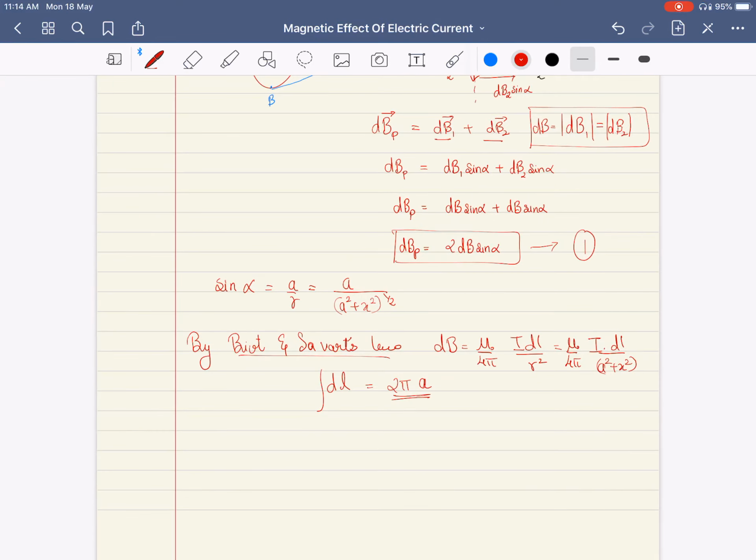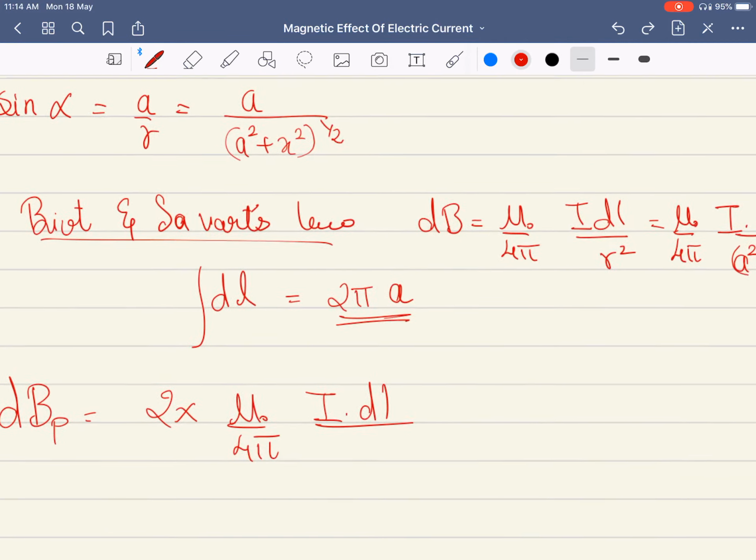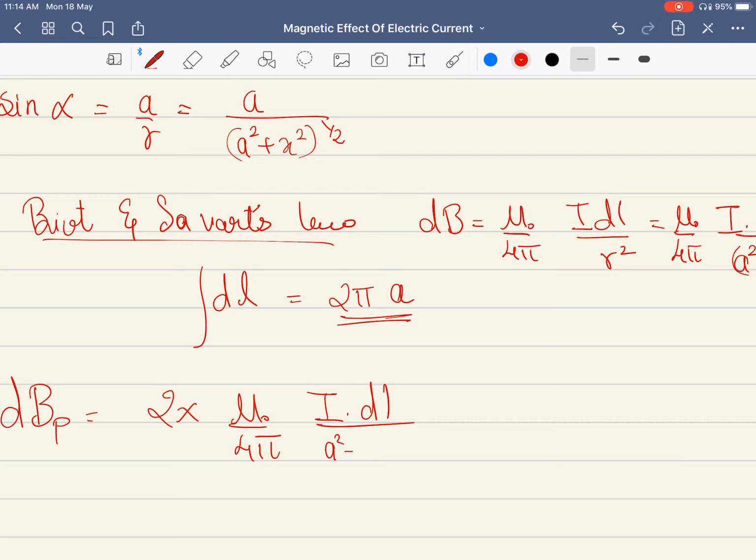Okay, so you will substitute these values in equation number 1. So what will you get, the net magnetic field at point P? You will get it as 2 into delta B. What value will we write for delta B? mu naught by 4 pi, I dl upon a square plus x square, into sin theta.